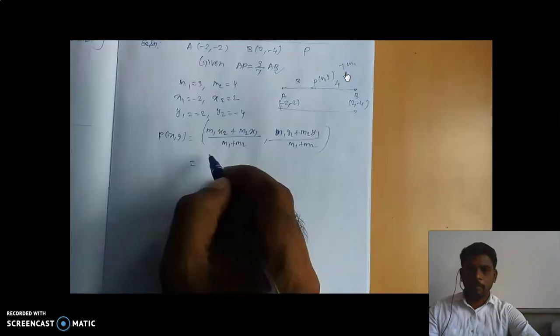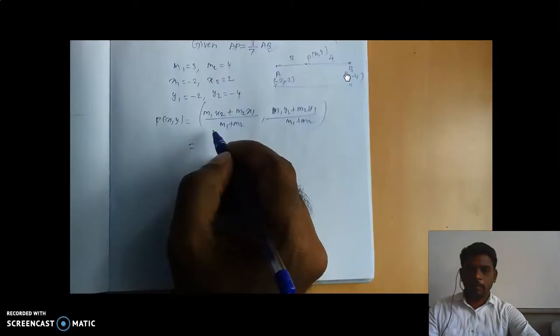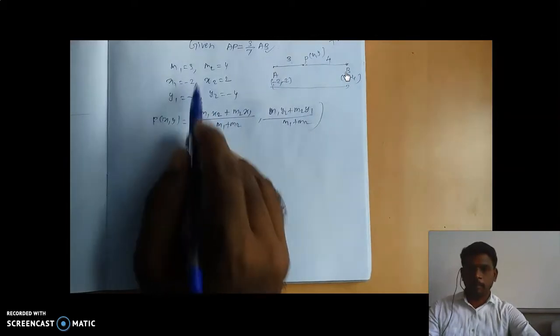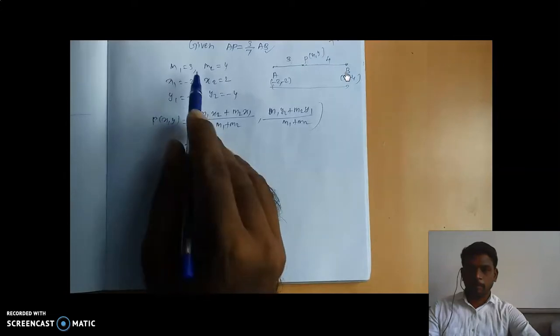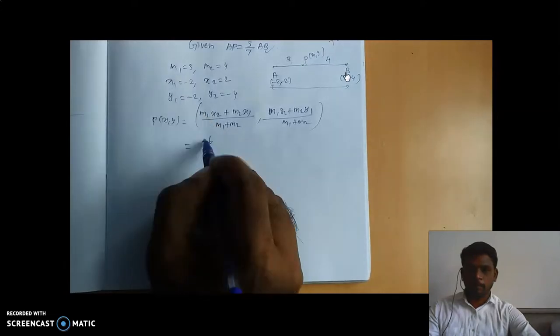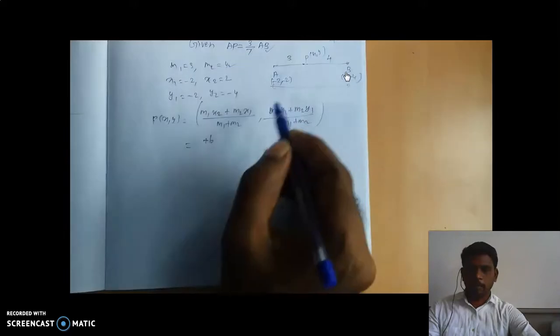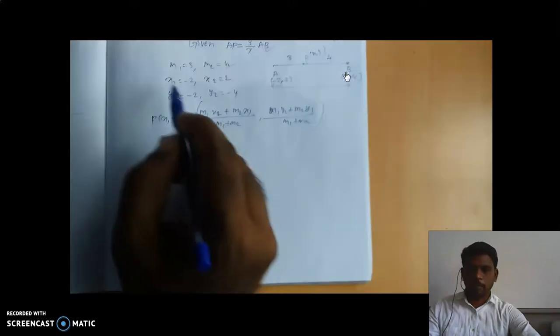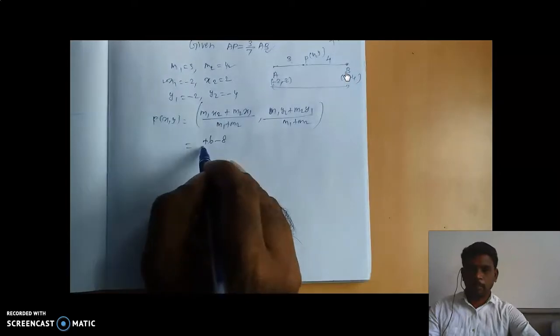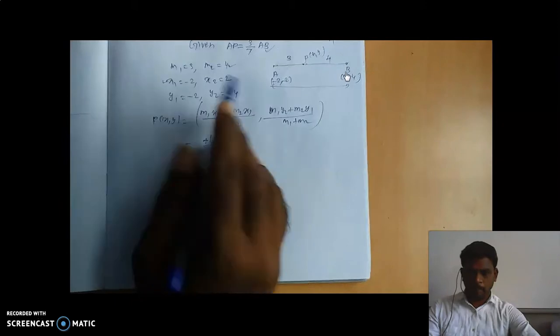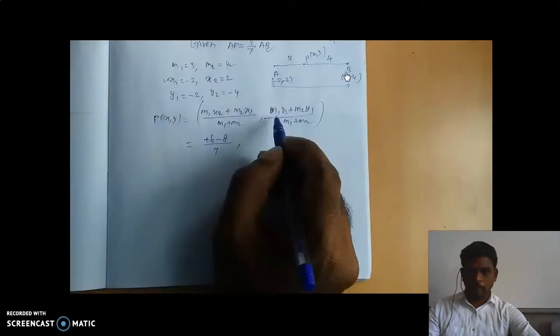Now substitute here. m1 is 3 and x2 is 2, so 3 twos are 6, plus 6, and then m2 is 4 and x1 is -2, multiplied gives -8, divided by m1 plus m2, so 3 plus 4, 7.